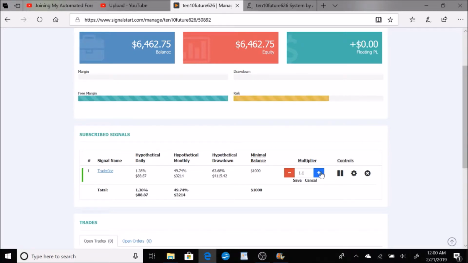Don't go over 1. As you can see, I'm going over 1. Look at the risk. It's insane. We don't want risk, guys. We don't want to be stupid. Max risk is 1. I recommend starting at 0.5, you should be fine, and adjust accordingly.